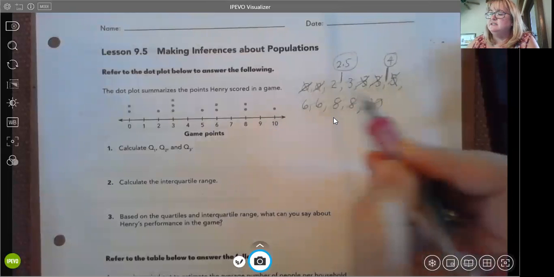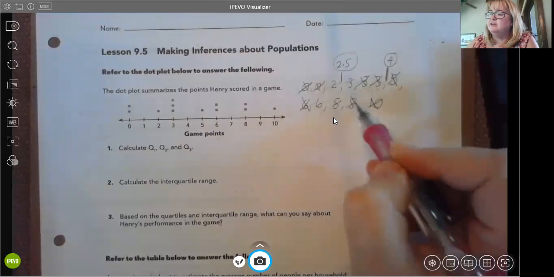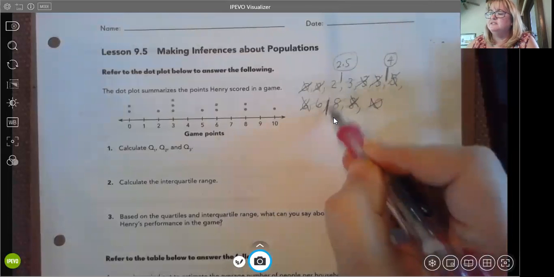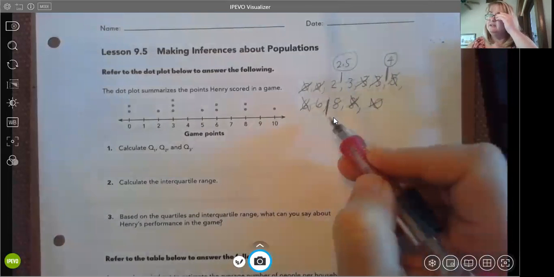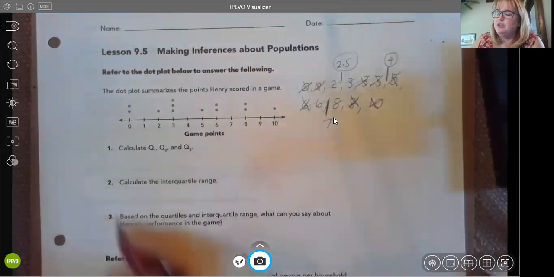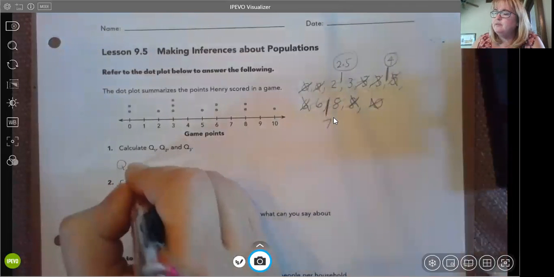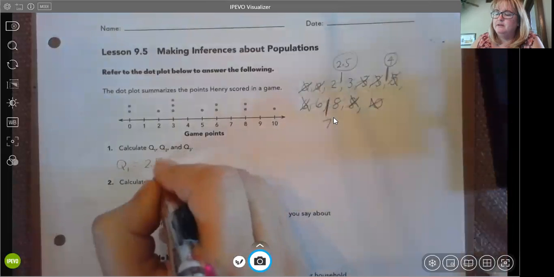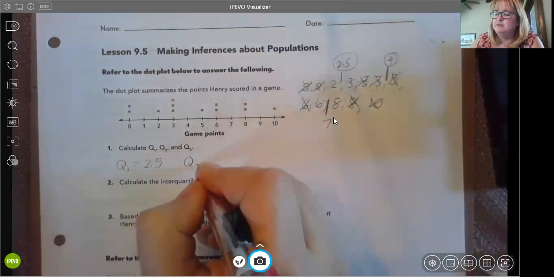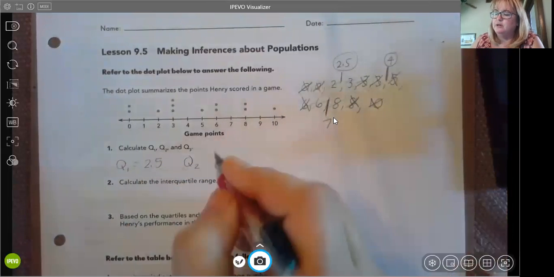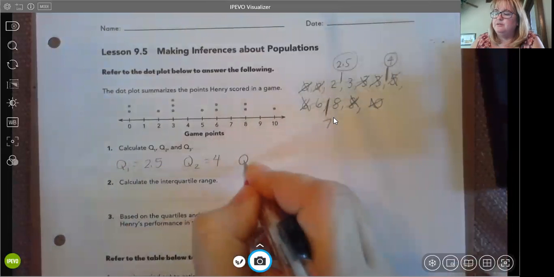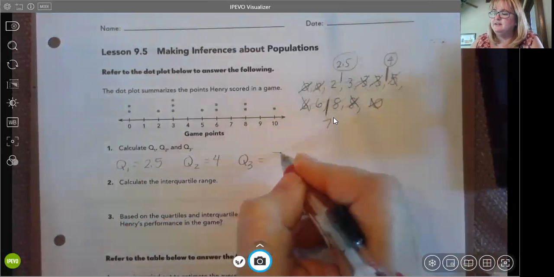Smallest, largest, smallest, largest. Okay, we got 2 left. So what's between 6 and 8? 7. All right, so Q1 is 2.5, Q2 is 4, and Q3 is 7.